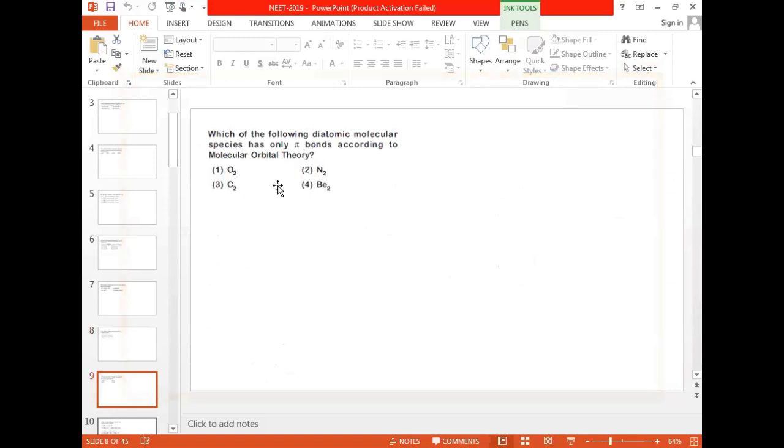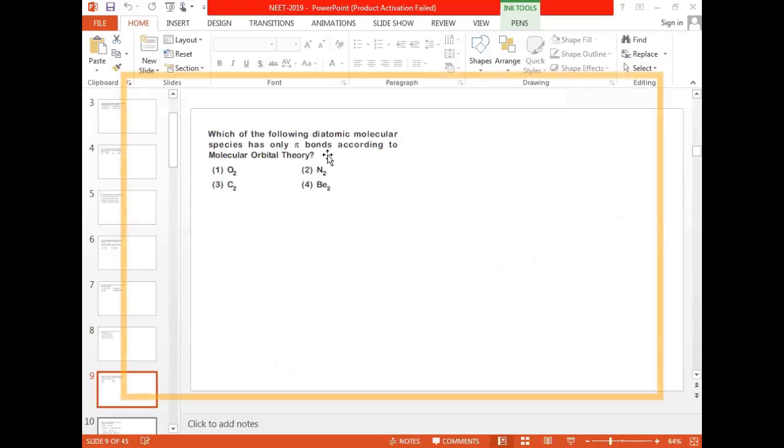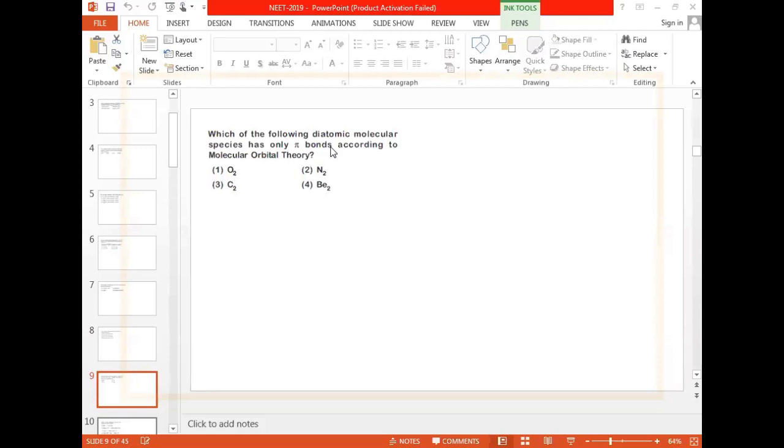Now come to this one. Read this one, Shantala. Which of the following diatomic molecular species has only pi bonds according to molecular orbital theory?